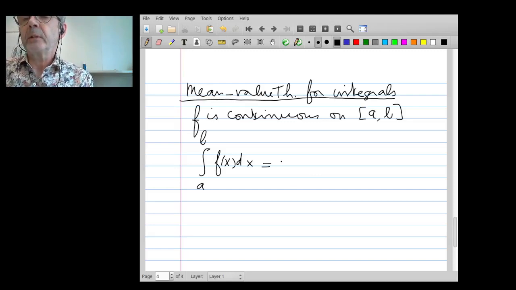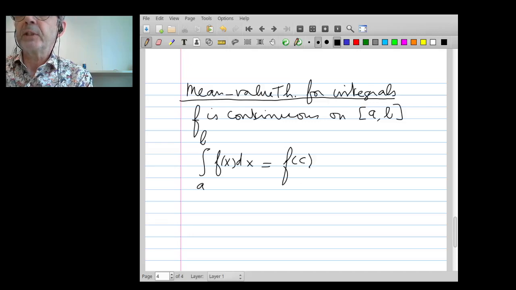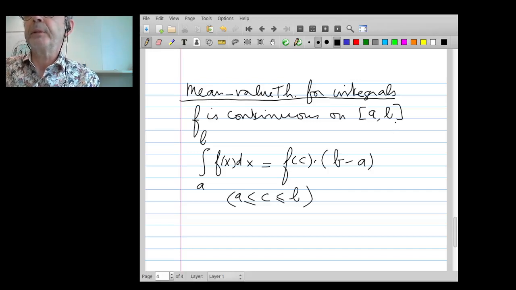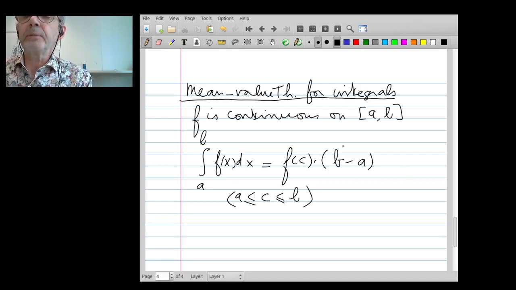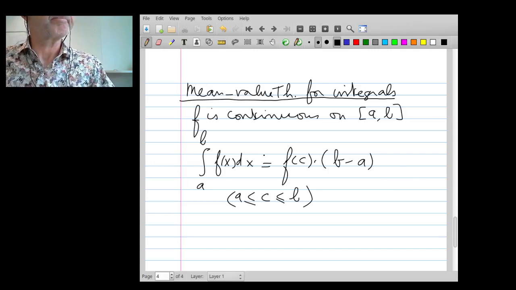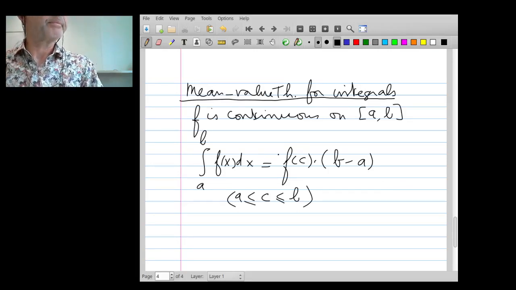Then this integral is equal to the function at some c. That c will lie between a and b, and then times the length of your interval, and we have assumed that b is greater than a. So there is some c with c between a and b, such that that integral becomes equal to this value here. That's always the case.